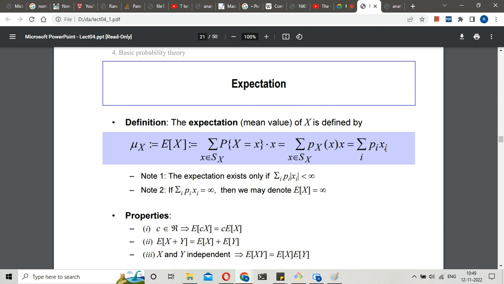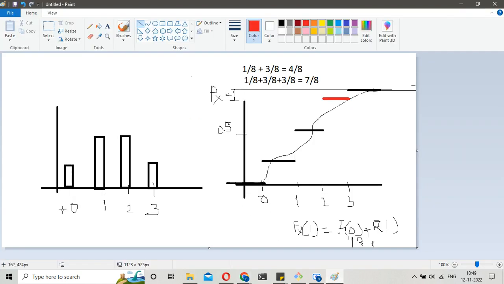So probability into x_i, where x_i is the count, right? If you remember, how do we calculate this? Let me give this example. You do 0 into its probability plus 1 into its probability, 2 into its probability, 3 into its probability. That value we call the expected mean.